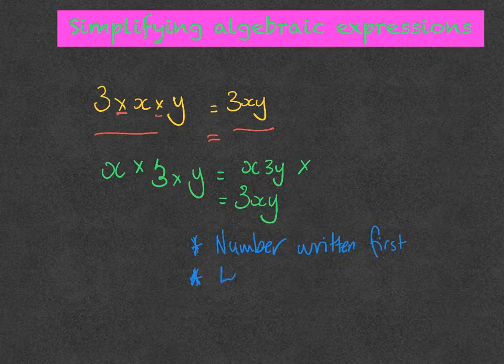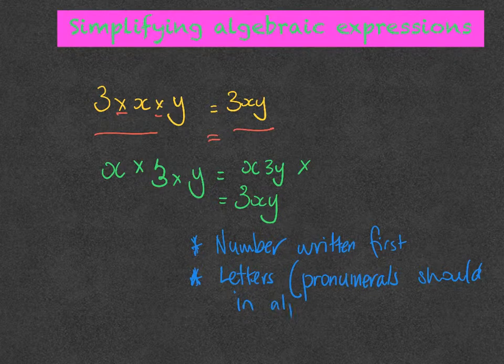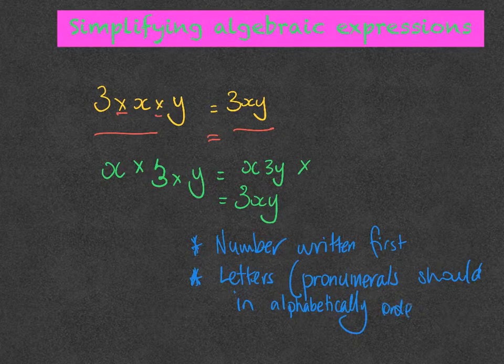And then the letters, or better still, the pronumerals, should be in alphabetical order. So whilst this essentially would mean the same, it's better convention to write it with the 3 first.